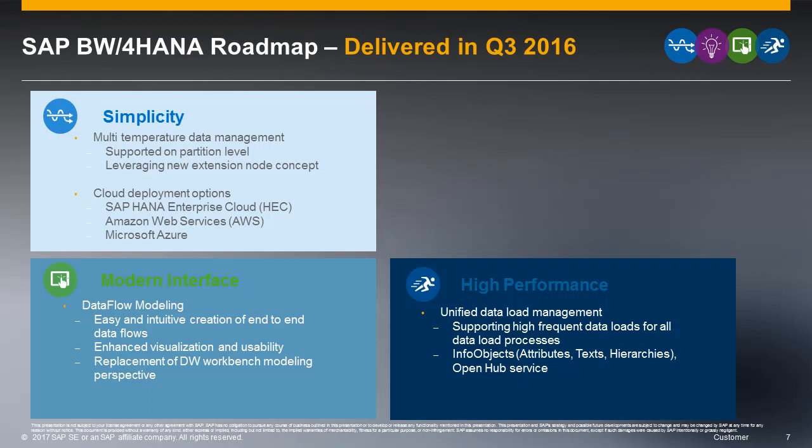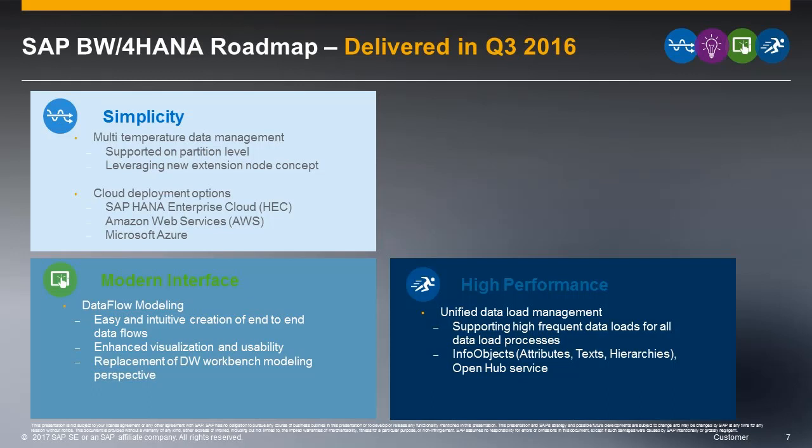Touched on the deployment options, but right from the launch, we were able to run BW for HANA in the HANA Enterprise Cloud, Amazon Web Services, and Microsoft Azure. And then from a modeling perspective, I touched on briefly from a UI perspective, the data flow modeling. So now we can create easy end-to-end data flows right within a UI that has the same look and feel as what HANA Studio has.